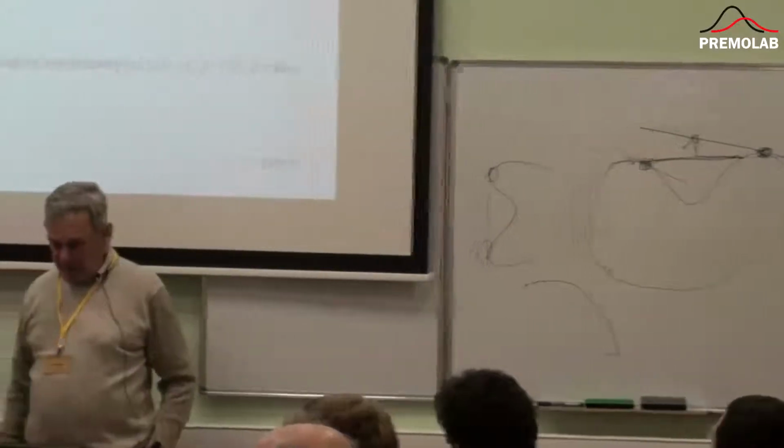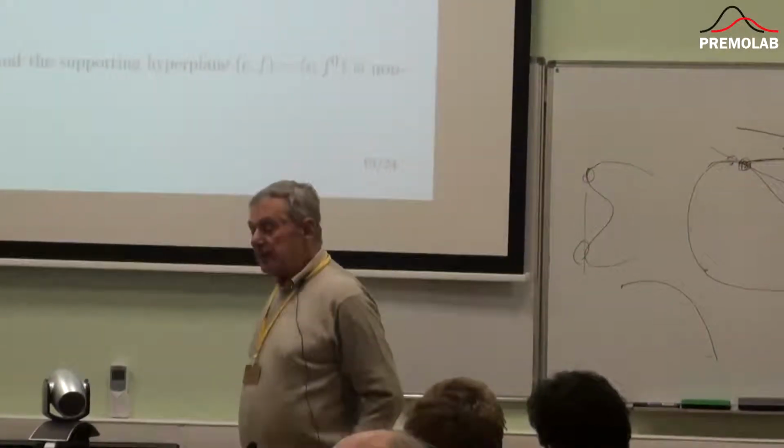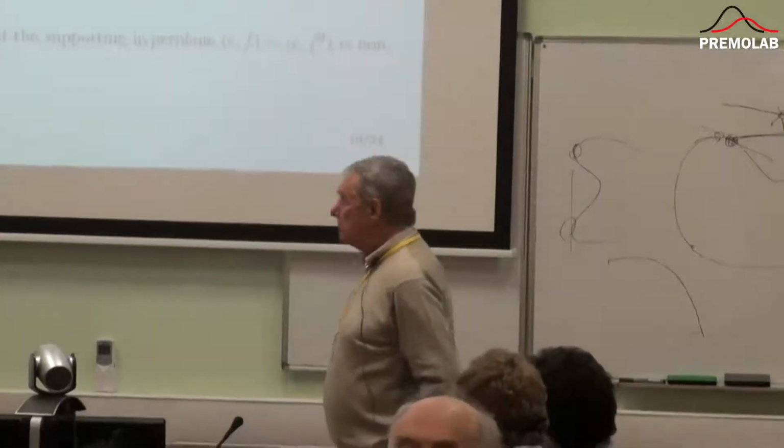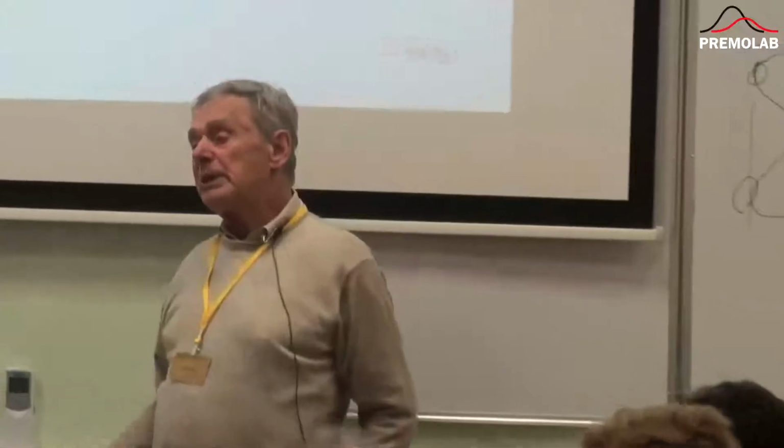And actually, just one result for the non-homogeneous case. How can we guarantee non-convexity for non-homogeneous functions? The previous result was for the homogeneous case.